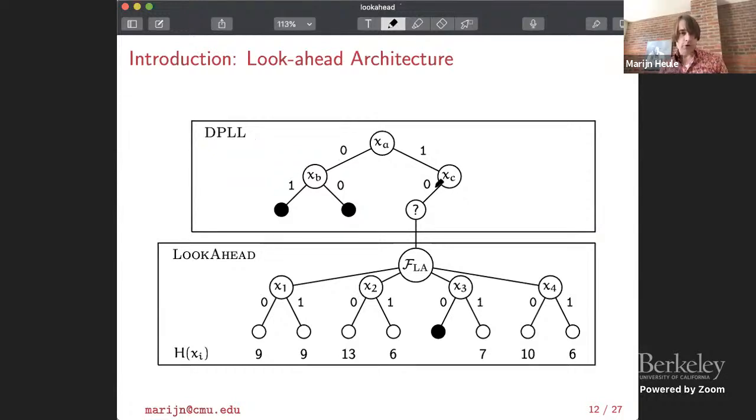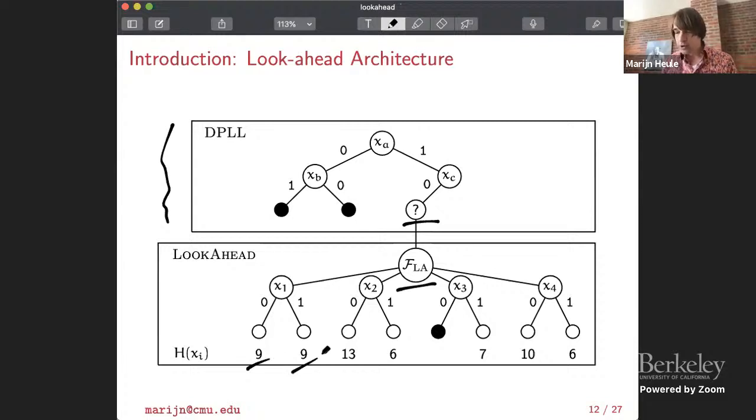So now we have all aspects of the look-ahead architecture, which is on the top. We build our DPLL tree, and in each node, before deciding which is the decision variable, we look at the simplified formula, and then we do look ahead on all the variables or a subset of the variables. A look ahead is: we assign it to a true value, simplify the formula, and do some measurements.